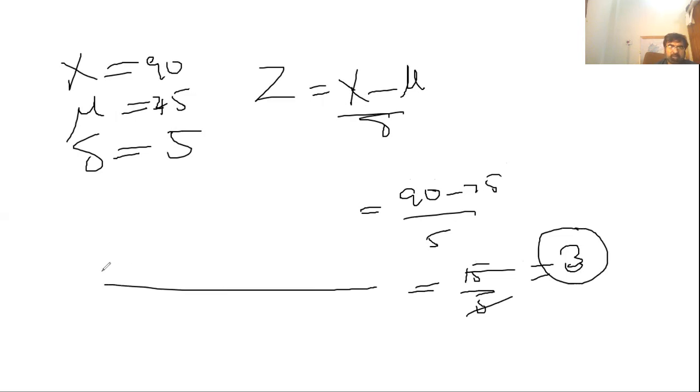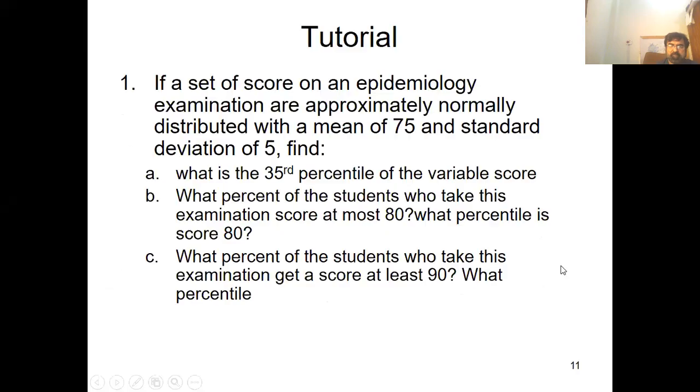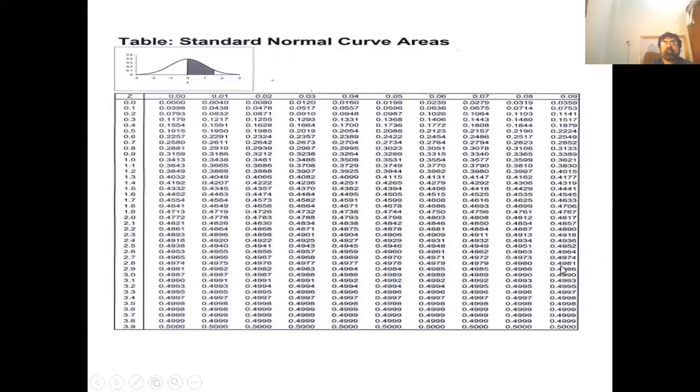Now just locate this z-score. The z-score is over here. Z is equal to 3. Now we have to look for the area against this z value. So let's do it. Against 3, the area is 0.4987.